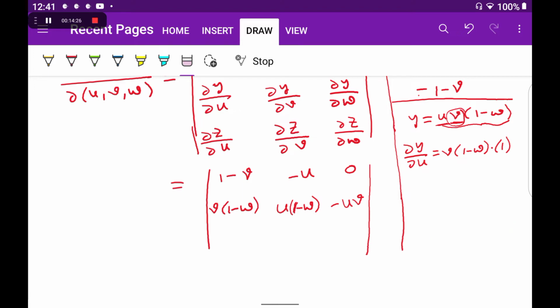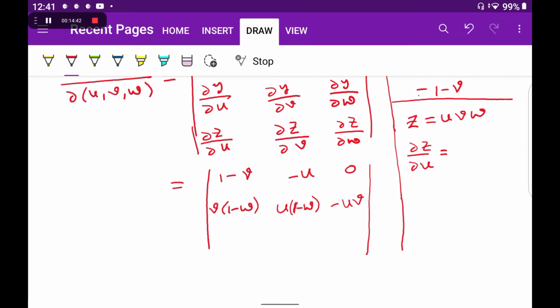What is z? Z is UVW. Dou z by dou u means you are differentiating z with respect to u. So VW is kept as constant. Derivative of u with respect to u is 1. So it is VW. When you differentiate with respect to v, we get UW. Differentiate with respect to w, you get uv.